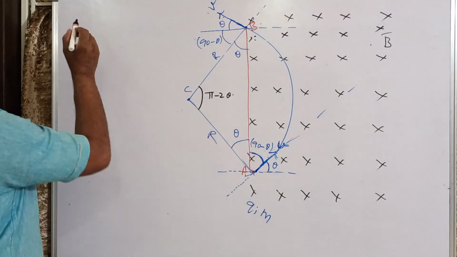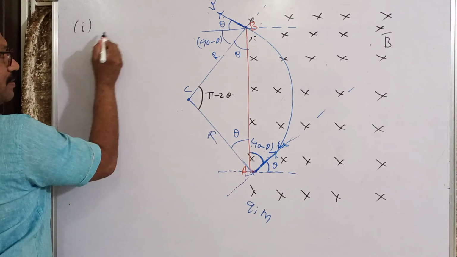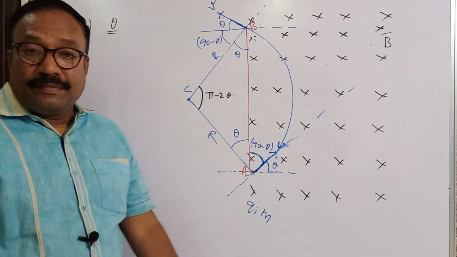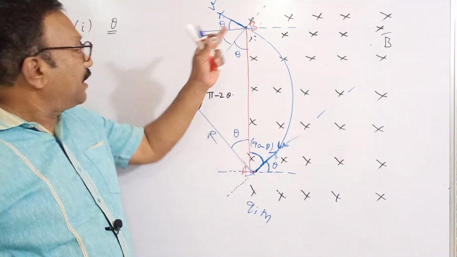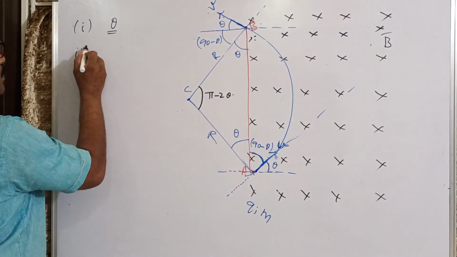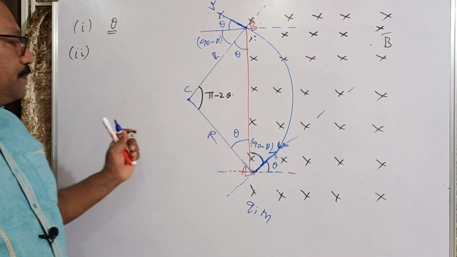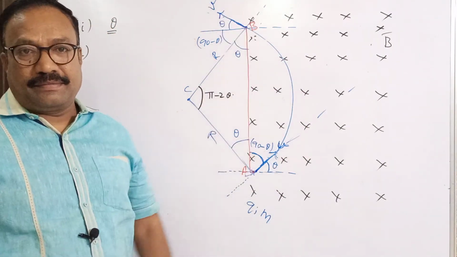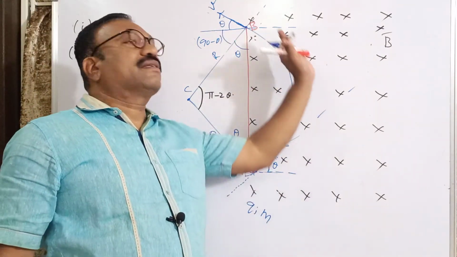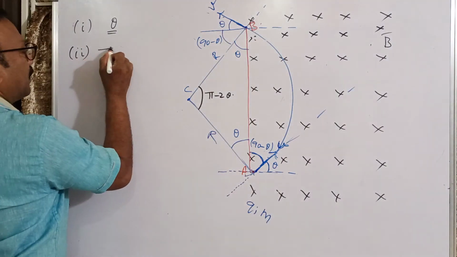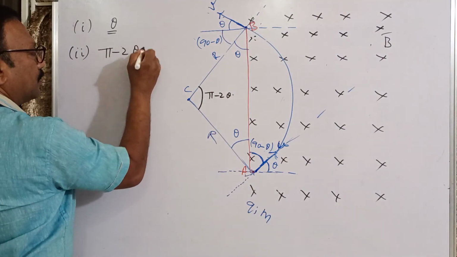So first question, at what angle does it emerge? It emerges at an angle theta with horizontal. Next, through how much angle is the particle deflected and how much angle has it covered? Of course, this angle. So this is nothing but pi minus 2 theta.